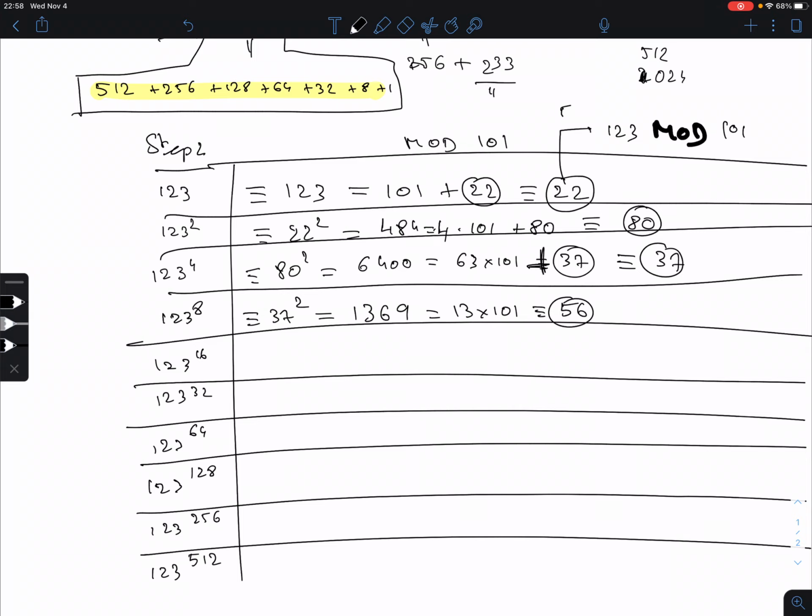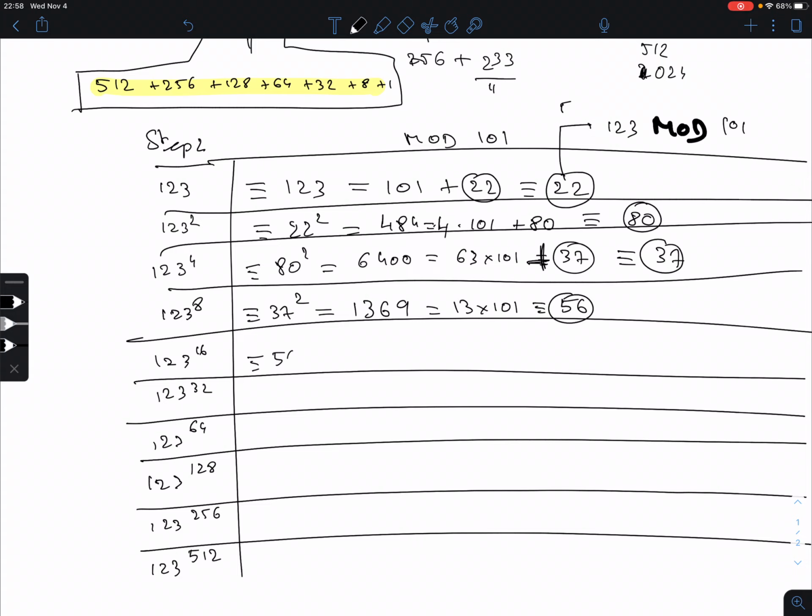Okay, again, here we go. This is 56. I square 56. So 56 squared is 3136, and now I have to calculate this. So 3136 divided by 101, that is 31. So that is 31 times 101, which is 3131, and that is 5 left.